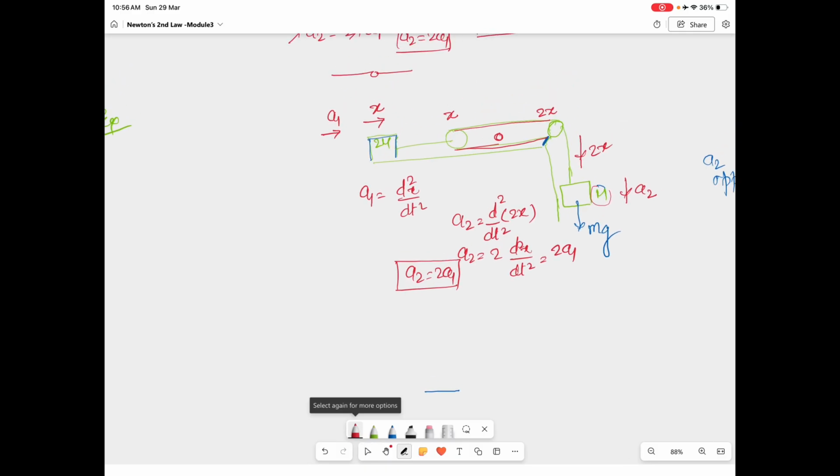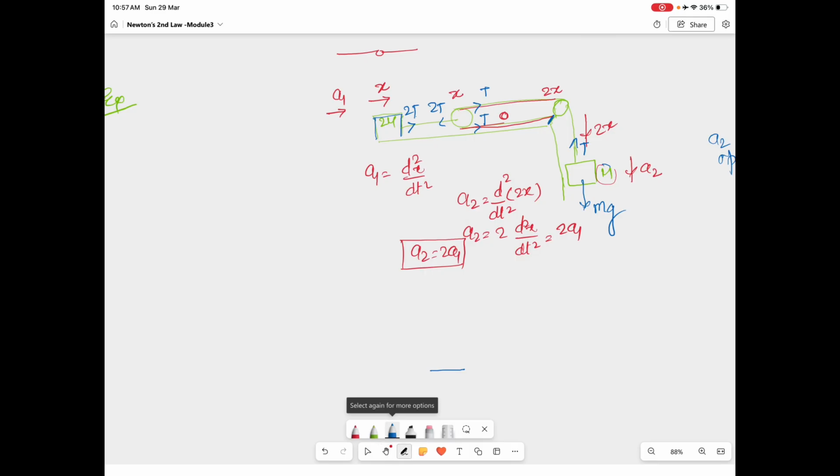Clear? Now, from the concept of the force also, there is a tension T here, T will be applied here, T will be applied here, so 2T will be applied here. Now, 2T and A1 are in the same direction, so I will apply sigma T dot A is equal to 0 for mass 2m. 2T and A1 are in the same direction, so I can write 2T into A1, and T and A2 are in the opposite direction, at a 180-degree angle.